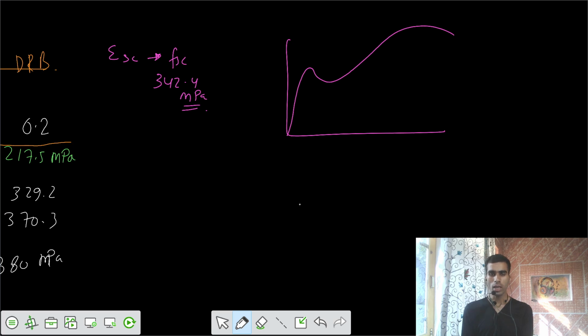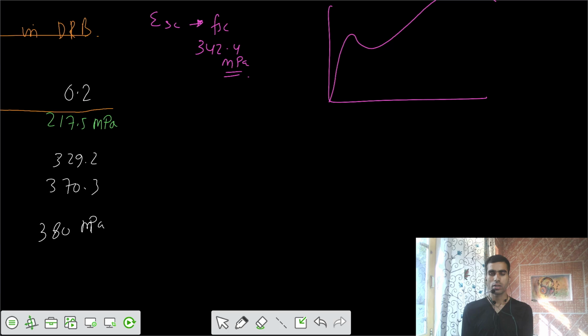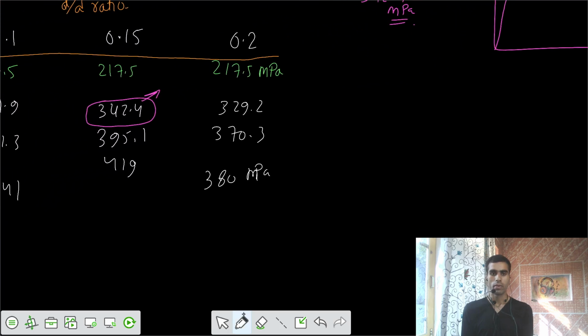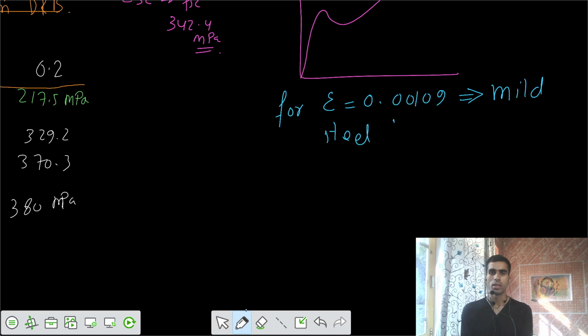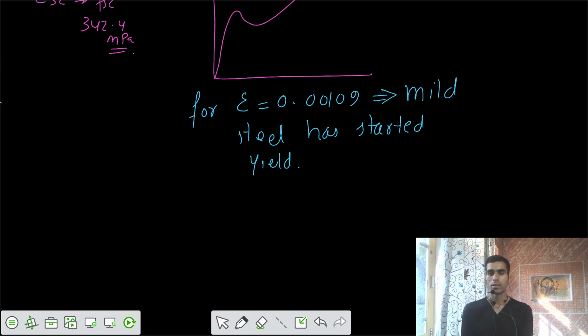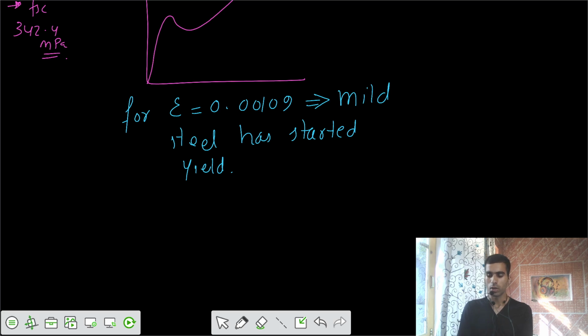When we plot it, we see that at a strain value of 0.00109, your mild steel has started to yield. Even at this strain, mild steel has started to yield. That strain value is almost 0.1%.